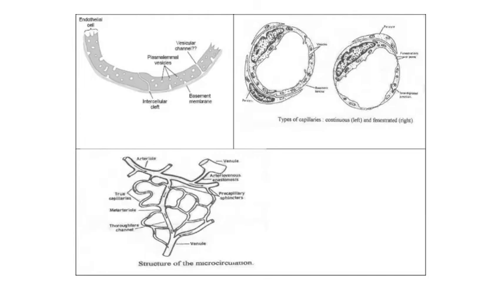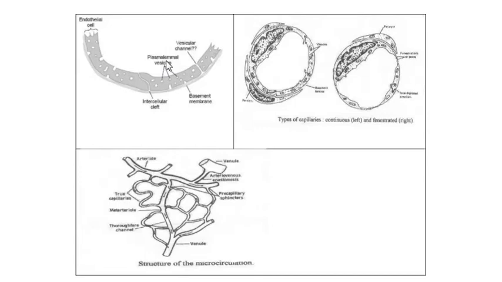These three pictures give you an idea about the cells of the capillaries and the arterioles, how the cell is one layer and how the pores are formed, and also the structure of the microcirculation between the arterioles and venules.